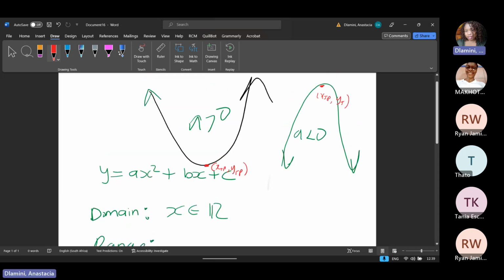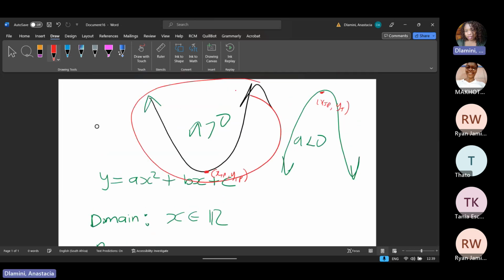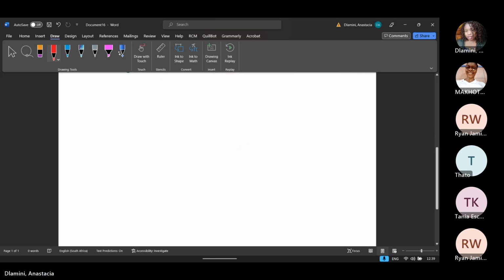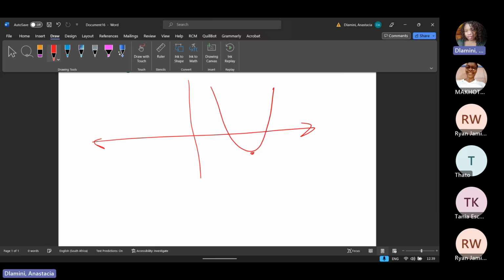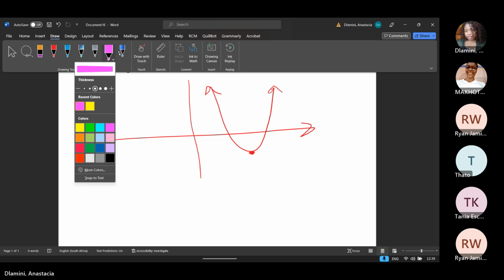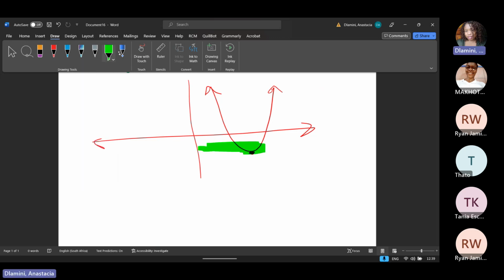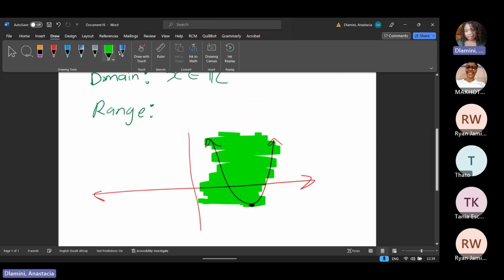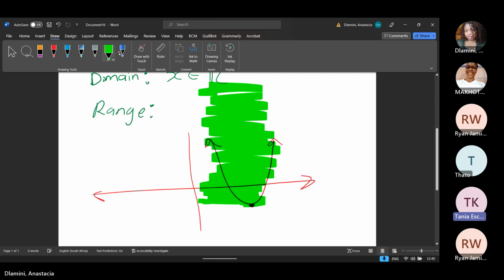For this graph, let's draw it properly. It faces up like this, and that point is there. Do you see that this graph only takes the y values from this point up? Yes, ma'am.